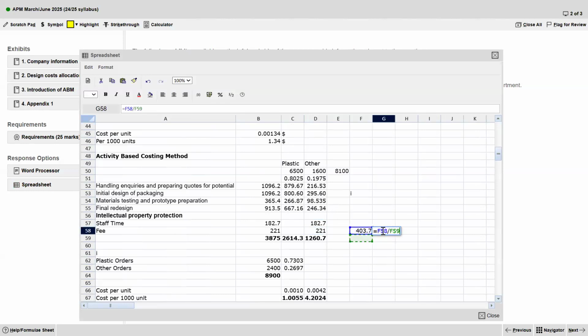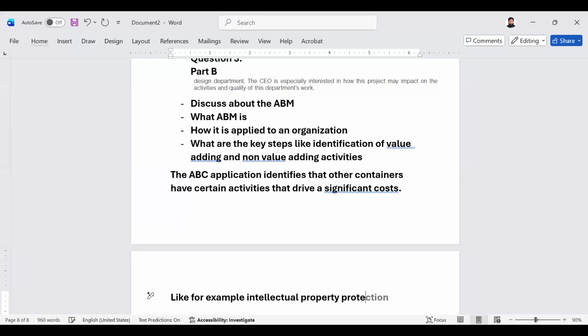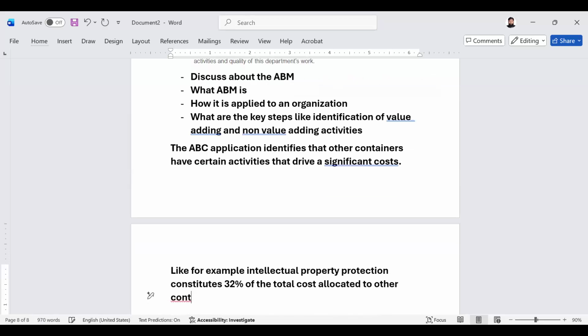This is this divided by this. Intellectual property protection constitutes 32% of the total cost allocated to other containers.